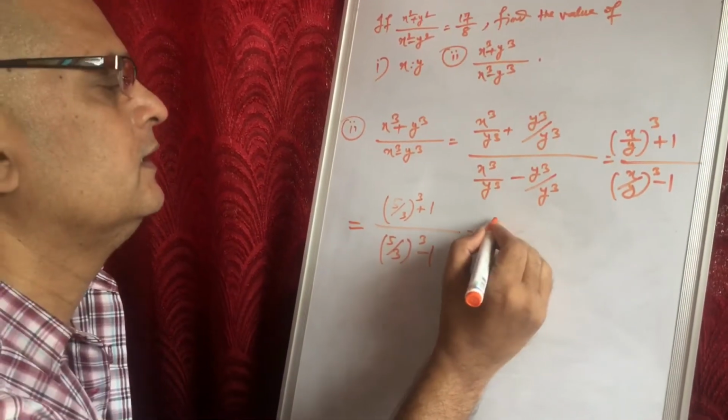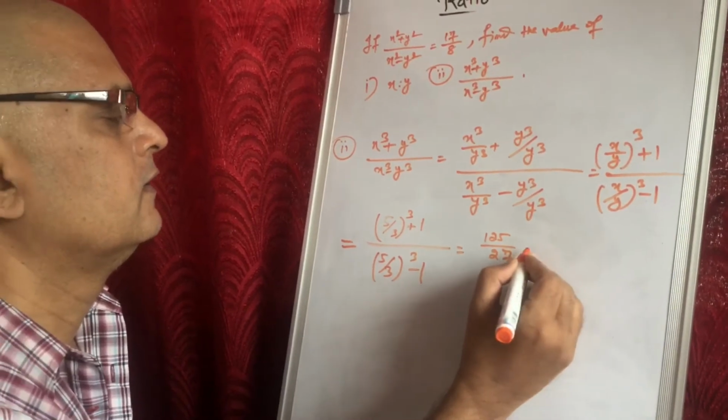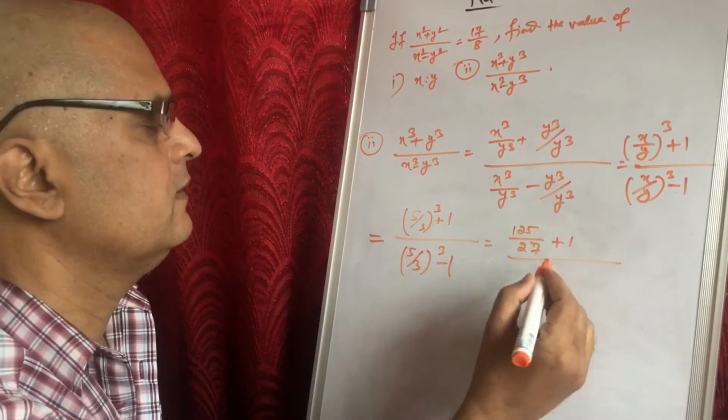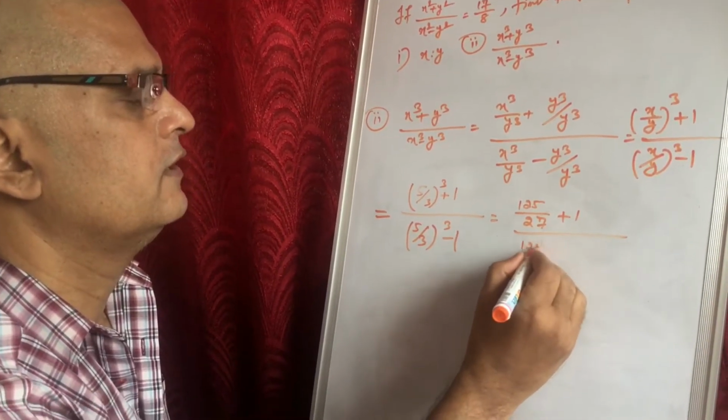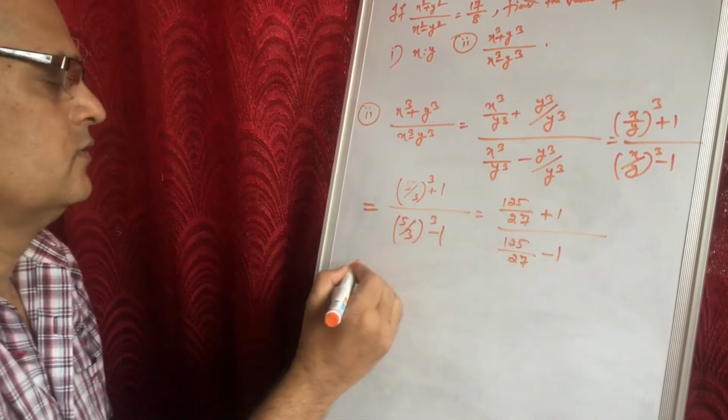Then it will be 125 by 27 plus 1, divided by 125 divided by 27 minus 1.